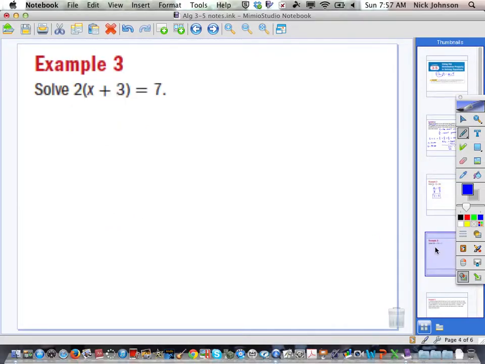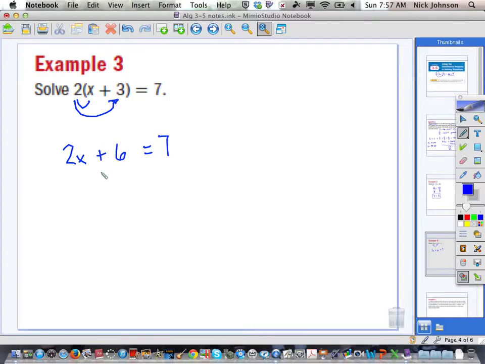Example 3. Here's the distributive property. The first thing you have to do before you can solve this problem is get rid of the parentheses. So 2 times x is 2x. 2 times 3 is 6, equals 7. Ax plus b equals c equation.